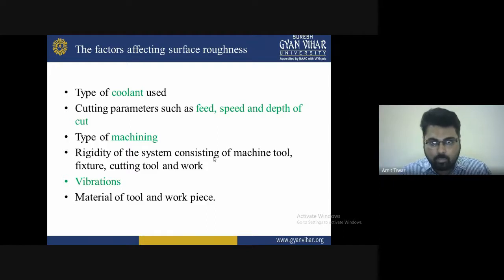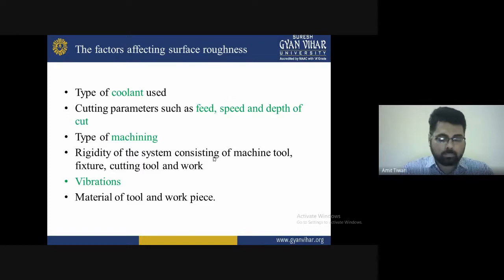If you decrease the depth of cut, and increase the feed and the speed, it is also responsible. So feed rate, spindle speed, and depth of cut are the cutting parameters responsible for affecting the surface roughness of the cut.